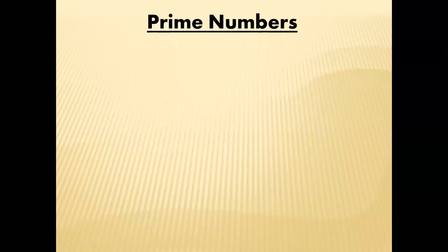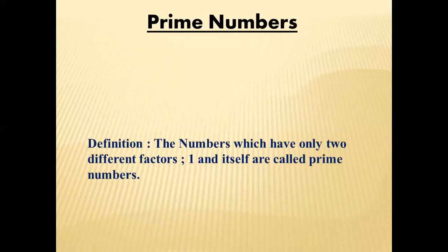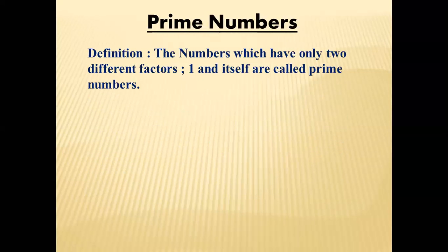Let's first review prime numbers, which I told you about yesterday. What are prime numbers? The numbers which have only two different factors. When we find the factors, we have only two different factors, not more than two.